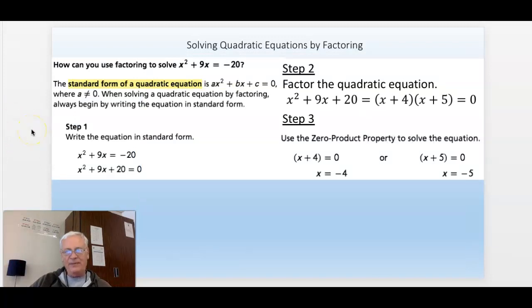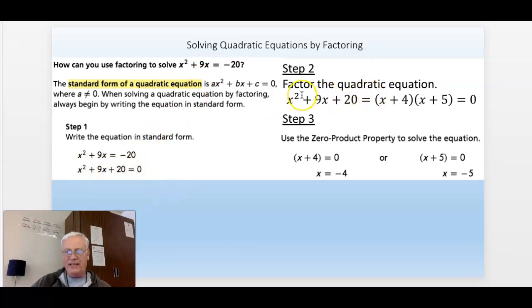As an example, guys, a lot of the quadratics you get are not going to be in standard form right away. You need to put them in standard form first. Remember how to do that: the order of decreasing exponents. If there's a negative 20 on the other side, just bring it over to this side so we can set the entire function equal to 0.